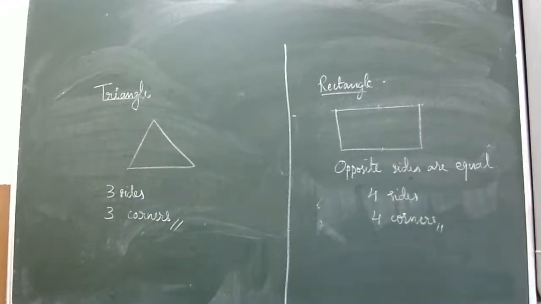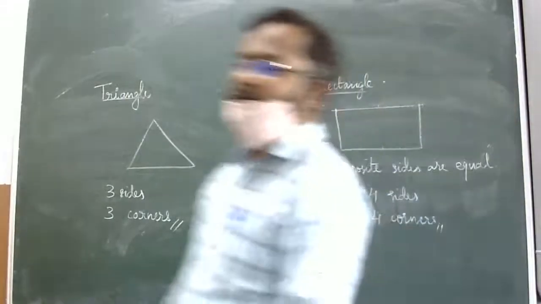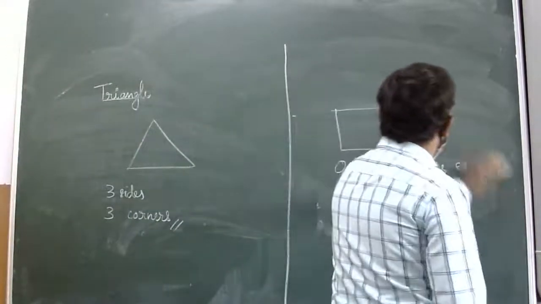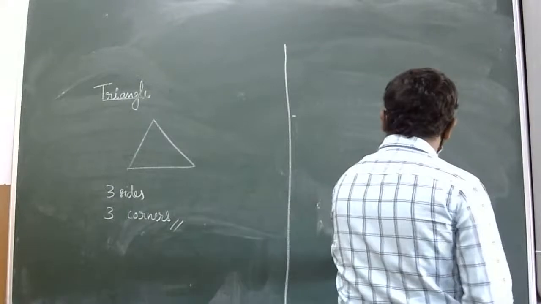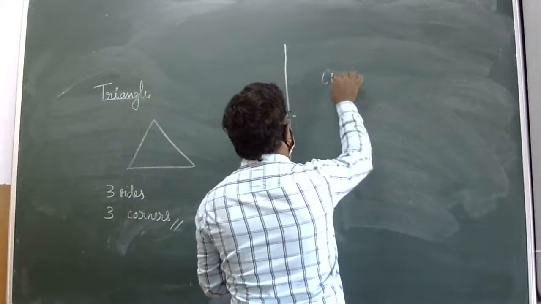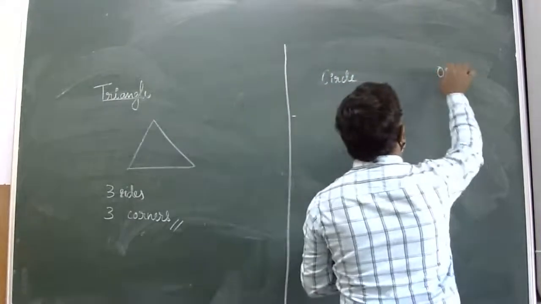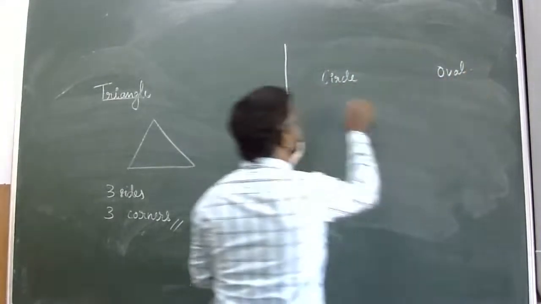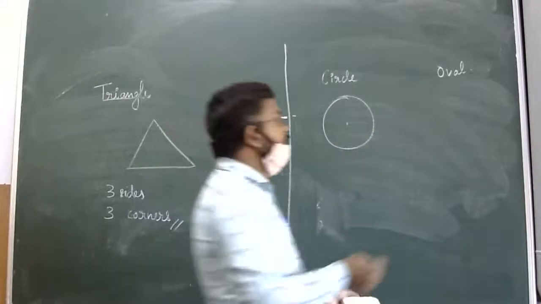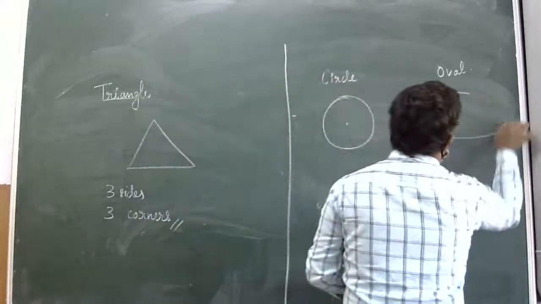After this, your next shape is what? Circle and oval. So this is your circle and this is your oval.